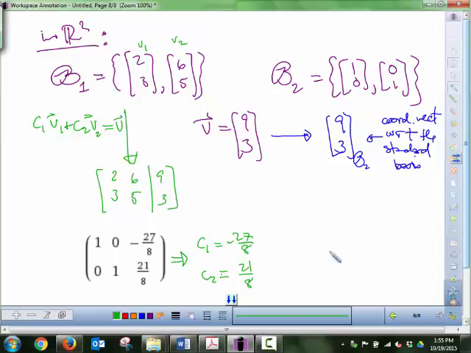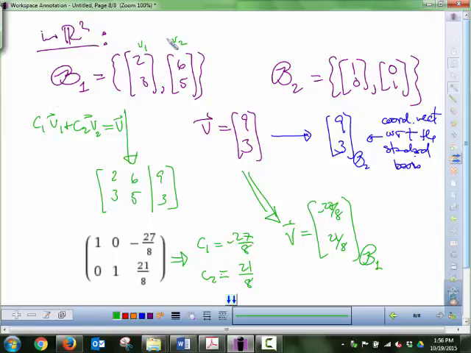So that means I can write my vector v as negative 27 over 8 and 21 over 8 with respect to that basis.